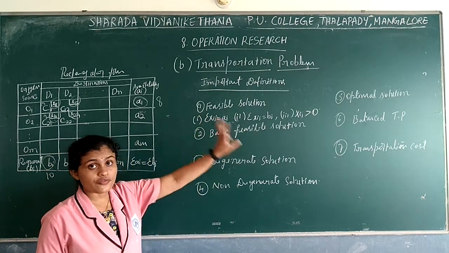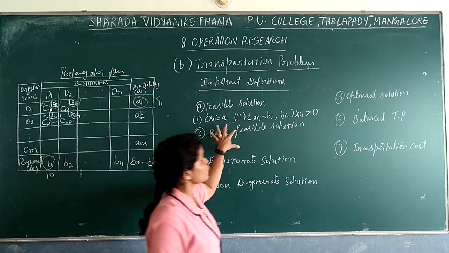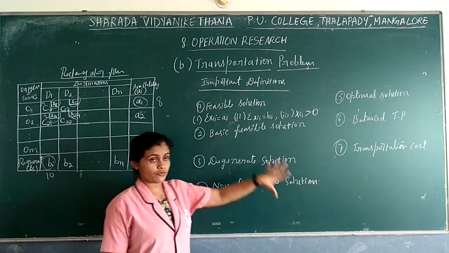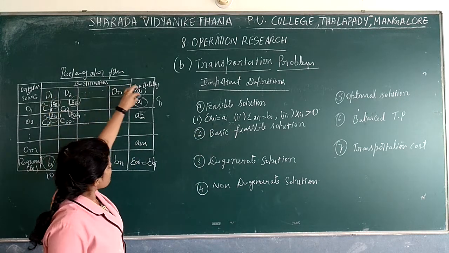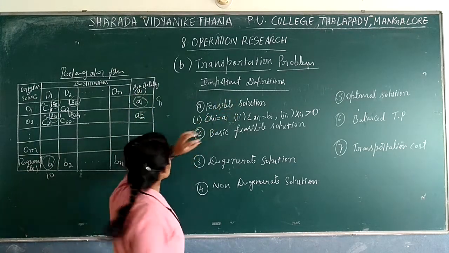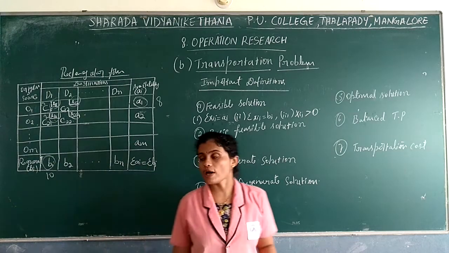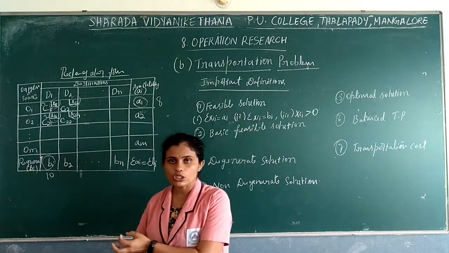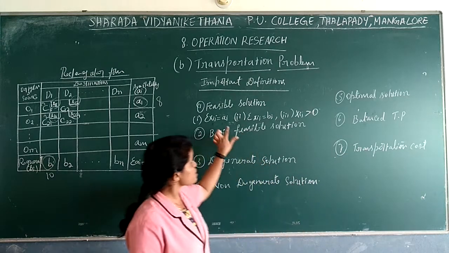So we can say it is a feasible solution when it satisfies these three conditions. First, sigma xij should match ai, that is the availability. Second, what allocation we do should match the particular requirement. It should match the requirement and also the availability. That is the first one.